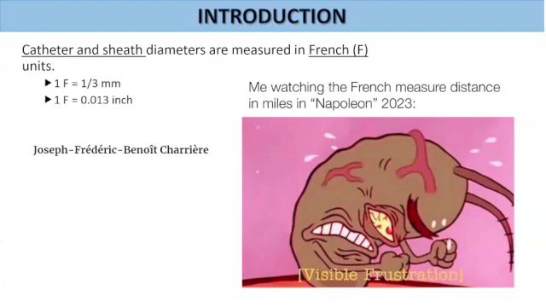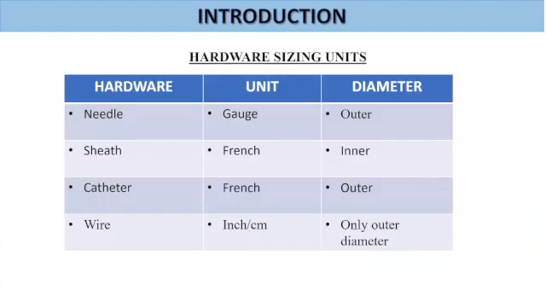Catheters and sheaths are plastic objects which are measured in French. The French system was originated by Joseph Frederick Benoit Charriere, which was translated to French in English. Now coming to the needles, sheaths, catheters and wires, the diameter which is measured: if you say a 21 gauge needle, it talks about the outer diameter.